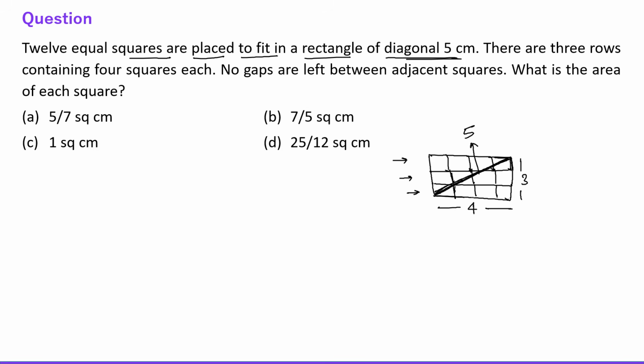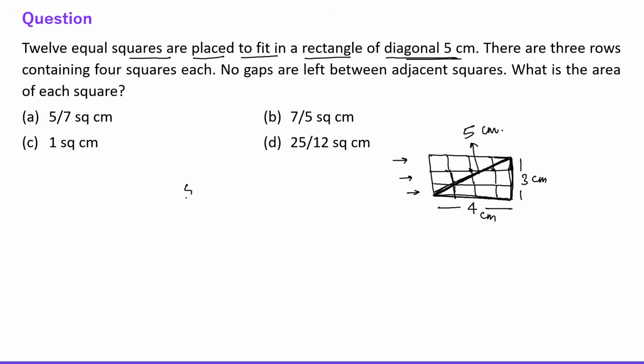And obviously this will be a right angled triangle. So here 3, 4, 5. This is a Pythagorean triplet. So obviously this is 4 centimeter, this is 3 centimeter and this is 5 centimeter.